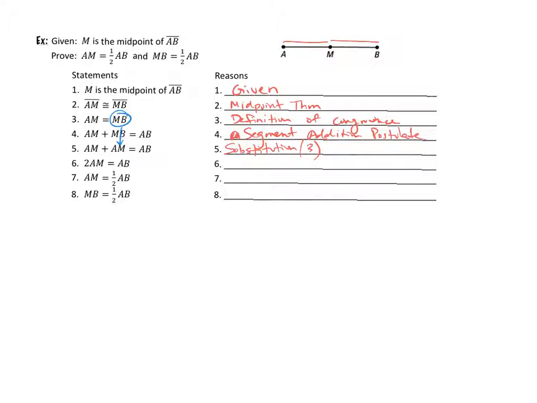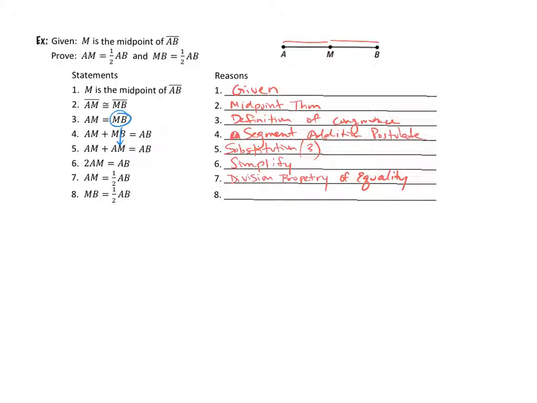In statement 6, I've simply simplified. I've combined like terms. For 7, I have divided both sides by 2. So it is the division property. Since I'm working with an equation, it is the property of equality. And I know I spelled that wrong.